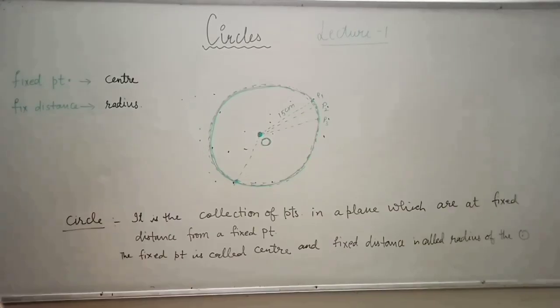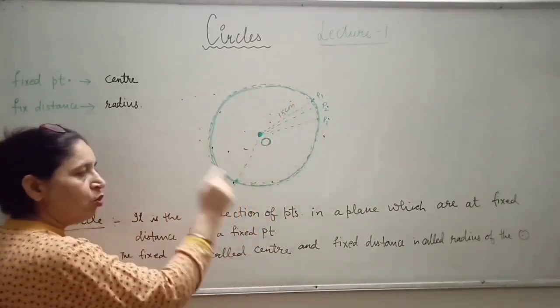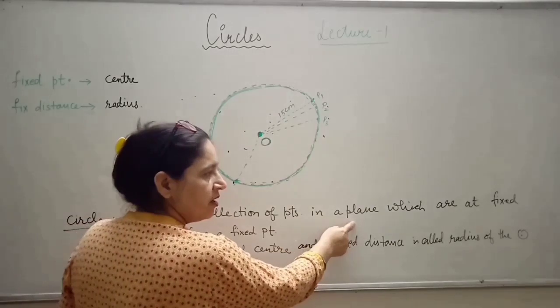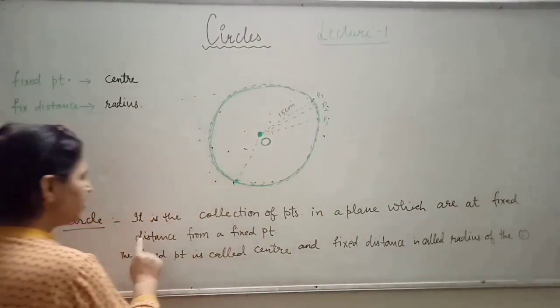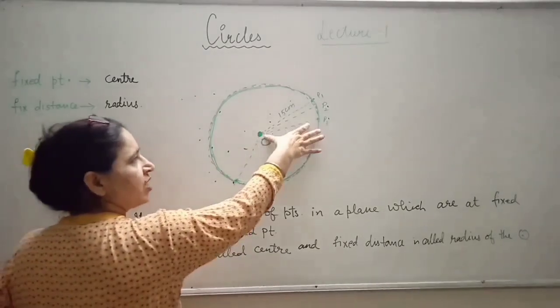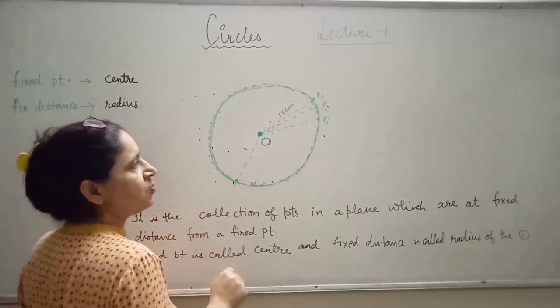Okay? Yes, so what did we learn about a circle? What is a circle? It is the collection of those points in the plane which are at a fixed distance from a fixed point. This is the fixed point.